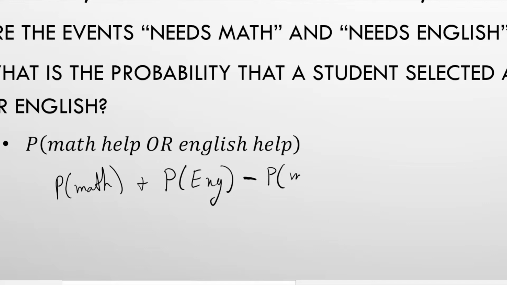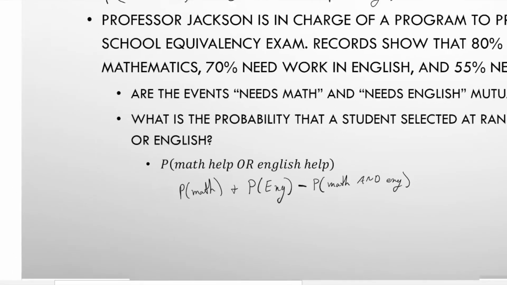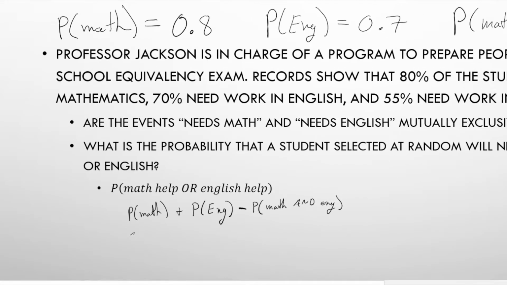Minus the probability of math and English. Because again, we know that that number is not 0. The and probability is not 0. These are not mutually exclusive. So we have to subtract it at the end. So we said math was 0.8. English was 0.7. And then the and probability was 0.55.